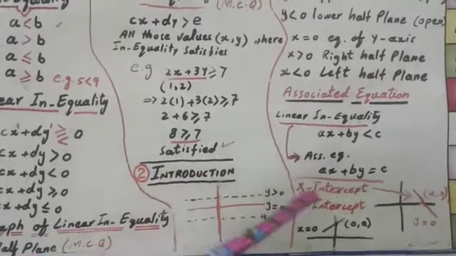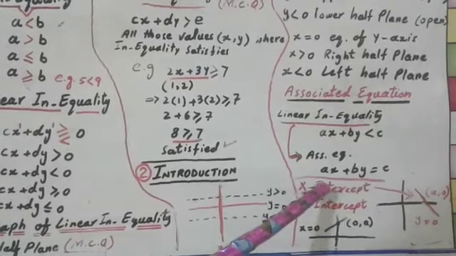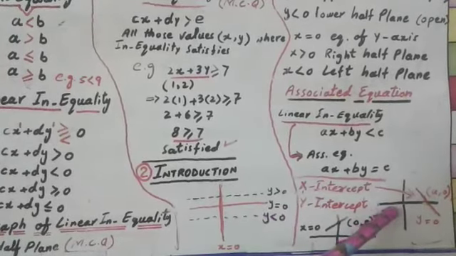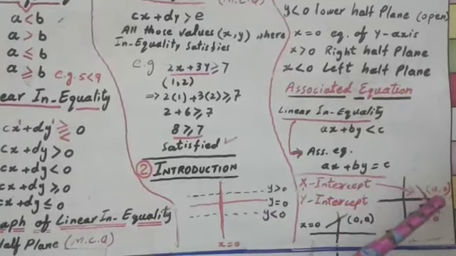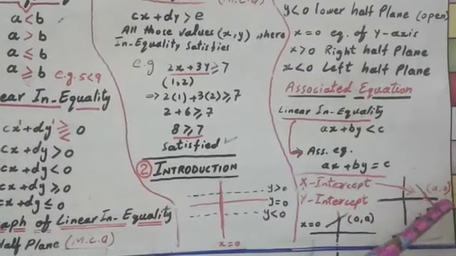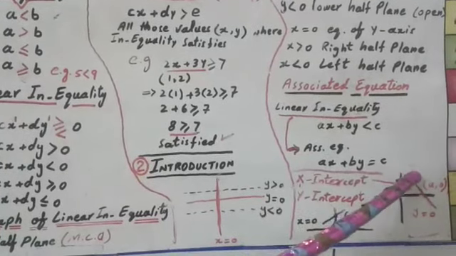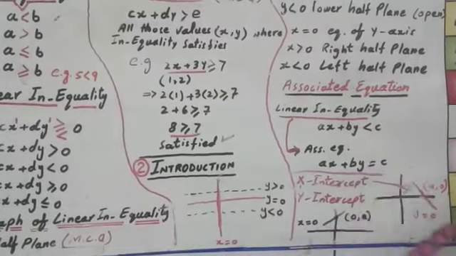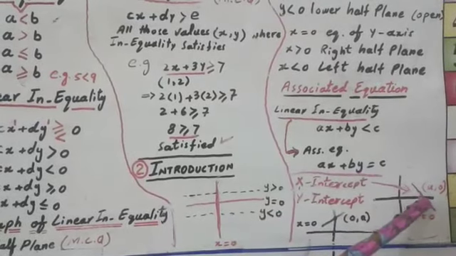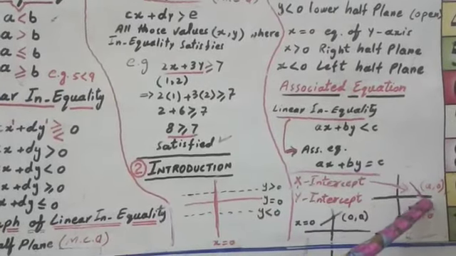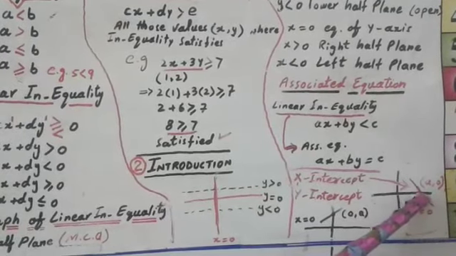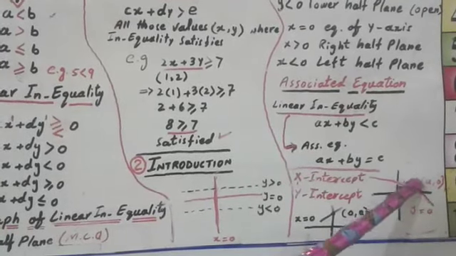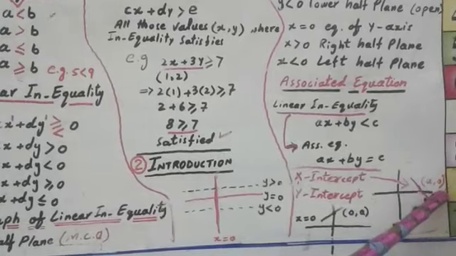Further concept is x-intercept. As you know, this horizontal line is known as x-axis. Any line which touches this horizontal line at any point gives the x-intercept. On the x-intercept, there is some value of x, but the value of y is always 0.